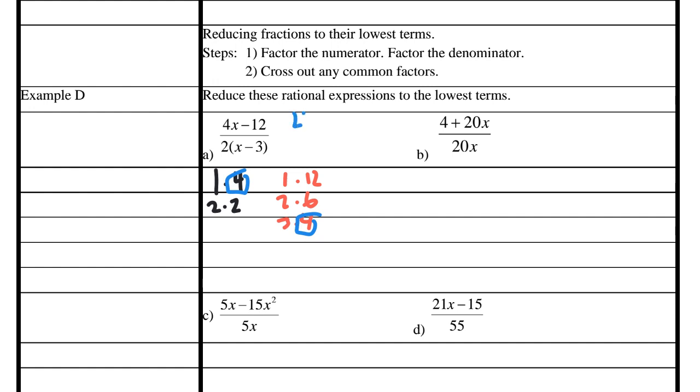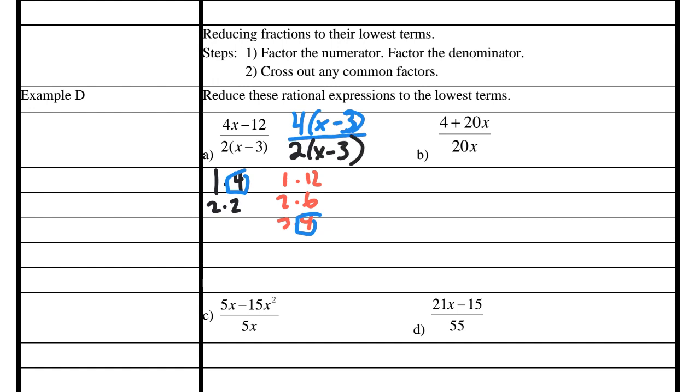So that means 4 goes in front, parentheses, 4 times x gets me 4x, 4 times 3 gets me 12, so my top is going to be 4 times x minus 3. Notice that my bottom is already factored for us. There's nothing I have to do.